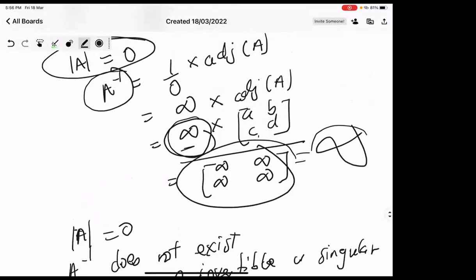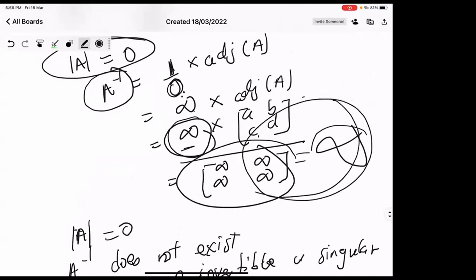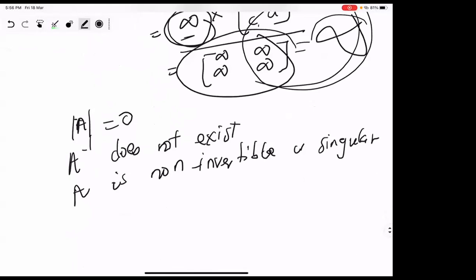Because if the determinant is 0, we're going to have 1 over 0, which is undefined. That makes the whole thing undefined. If the inverse does not exist, it means that we cannot find the inverse of A, that the matrix itself is non-invertible, where invertible means that the inverse exists. So if the inverse does not exist, we say that it is non-invertible or singular.